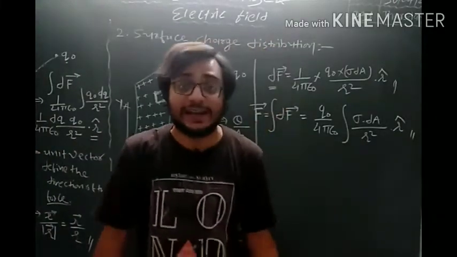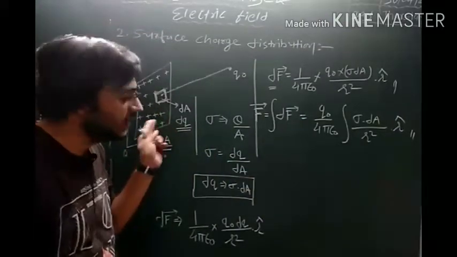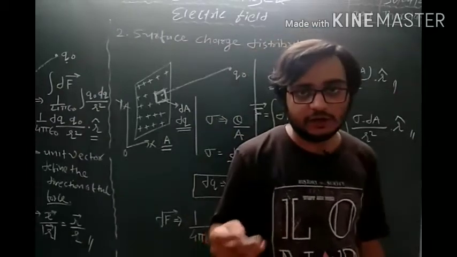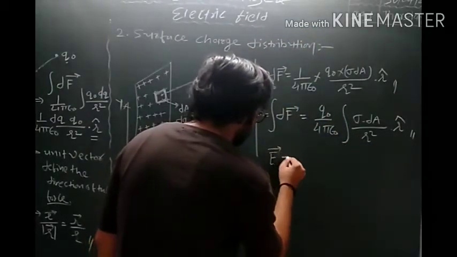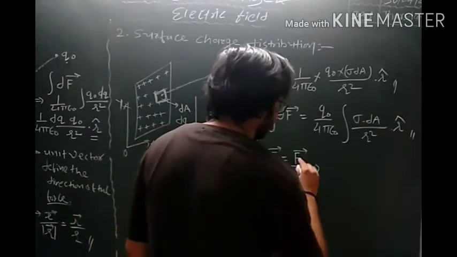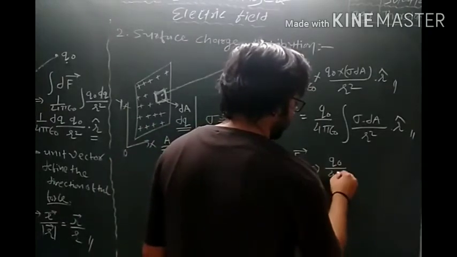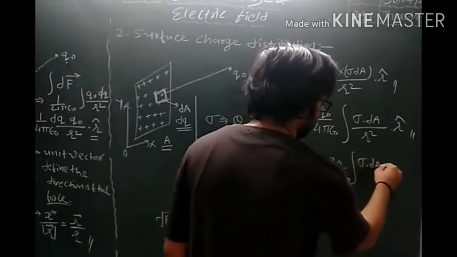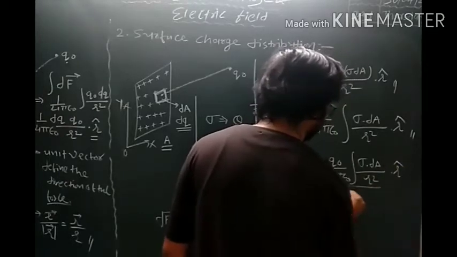Now we want to find out the electric field, how much electric field is produced due to this surface charge distribution. Okay, so we already know the equation of electric field. That is nothing but E is equal to F by q naught. Here F is given, so we can write q naught 4 pi epsilon naught, sigma into dA divided by r square into r cap, upon q naught.